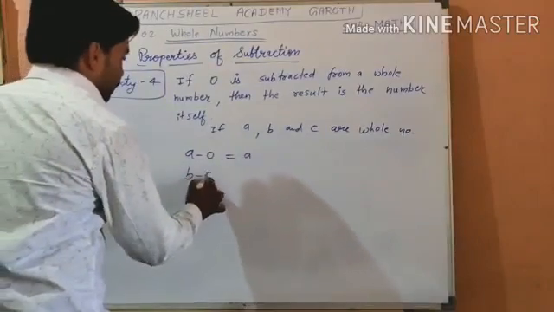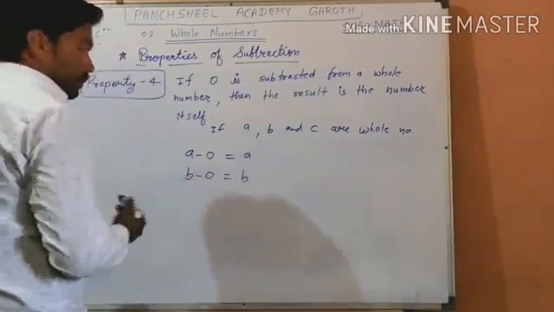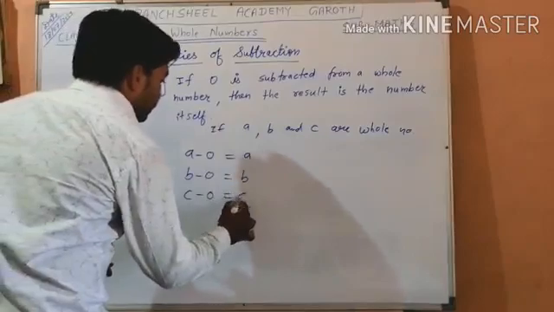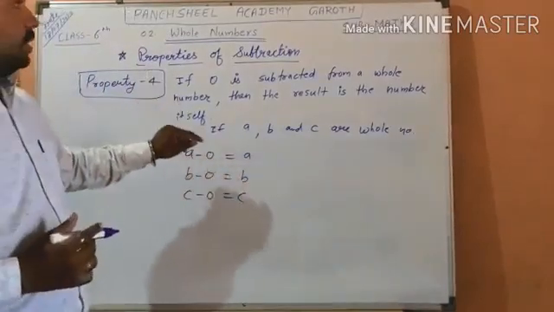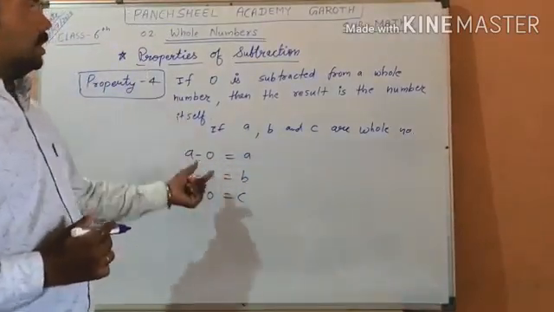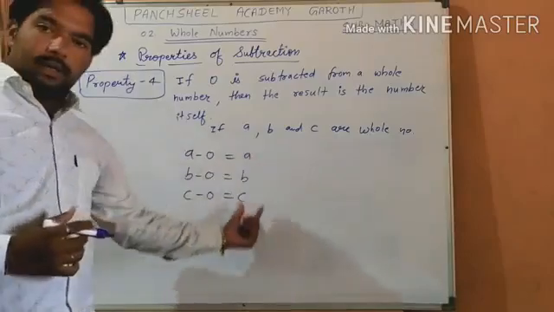Subtract 0 from b, we can get b. Subtract 0 from c, we get c. Means if 0 is subtracted from a whole number, then we can get the number itself.